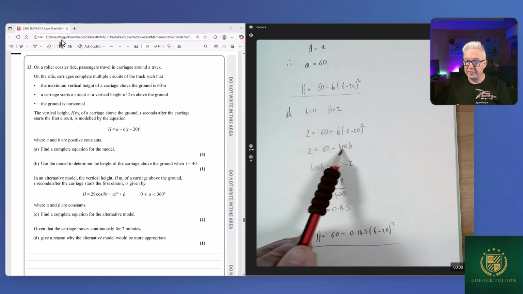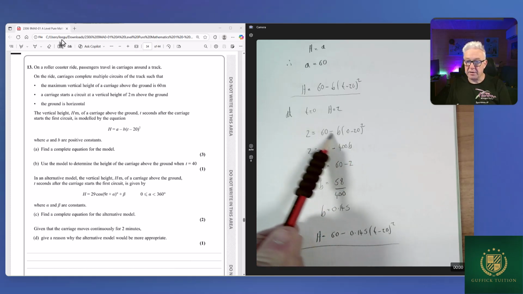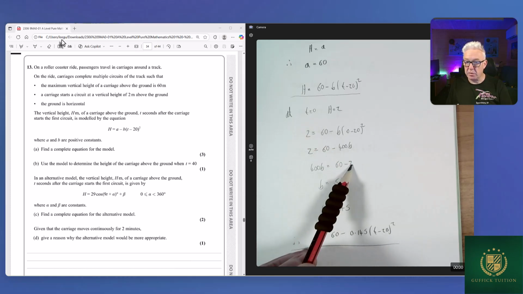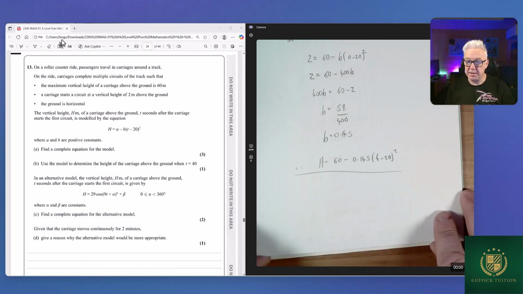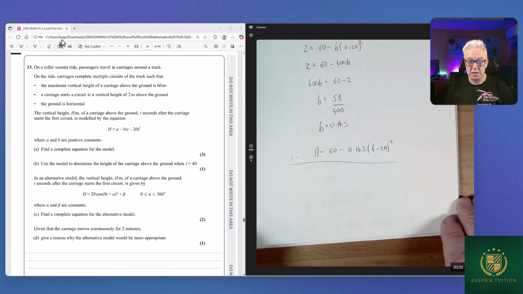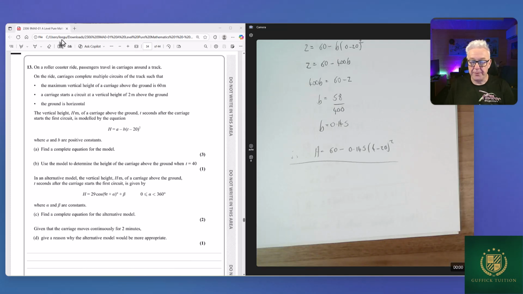So we have minus 400b. And then if I add the 400b over to the left, take the 2 over to the right, and divide by the 400, I get that b is 0.145. So my complete model for part A is that h is equal to 60 minus 0.145 times (t minus 20) squared. And that's part A.